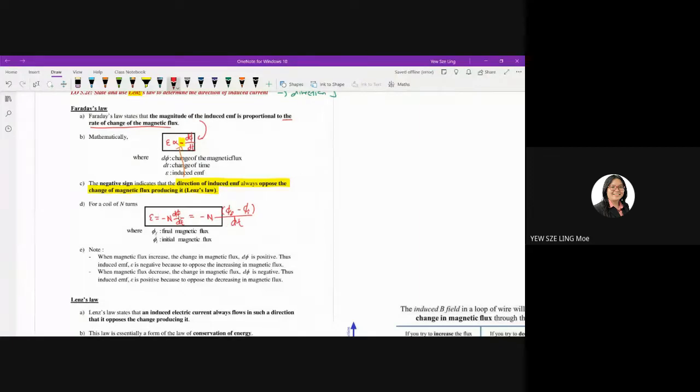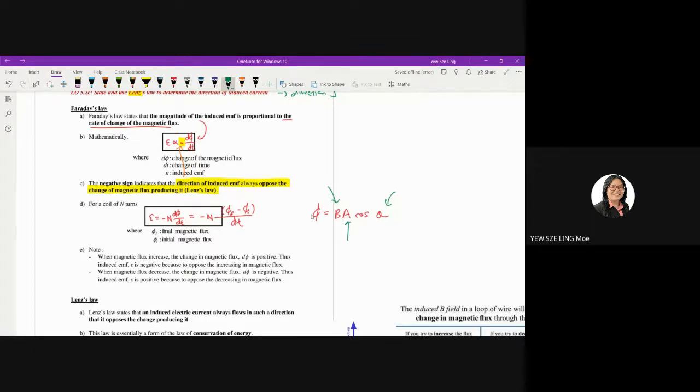If you look at the equation just now, flux equals to BA cos theta. Meaning that by changing any one of these terms, either the strength of the magnetic field, the cross-sectional area of the coil, or the angle, you will be able to change the magnetic flux.